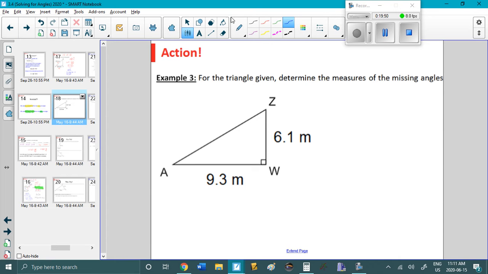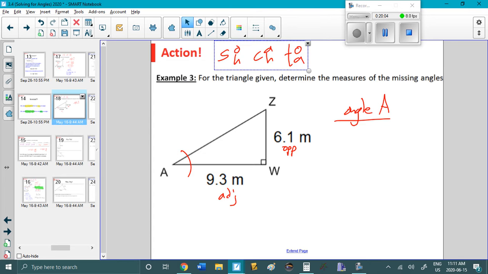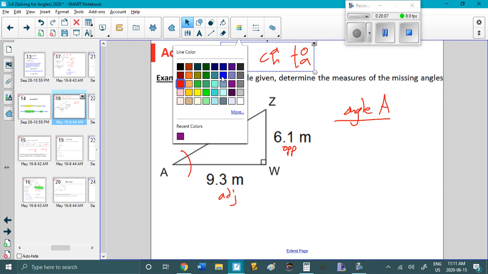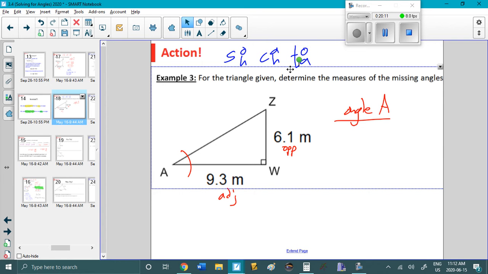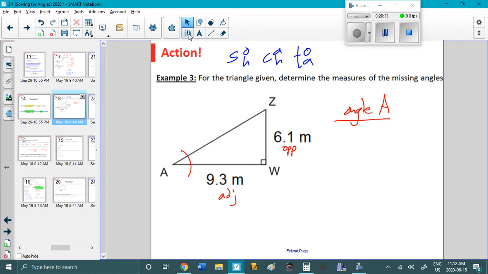All right, determine the measures of the missing angles. We'll do angle A. You can do angle Z first. It literally makes no difference. If we're going to do angle A, this is the opposite, this is the adjacent. We look at our SOHCAHTOA to determine which sides we're going to have here. Okay, so O and A is TOA, or tan.